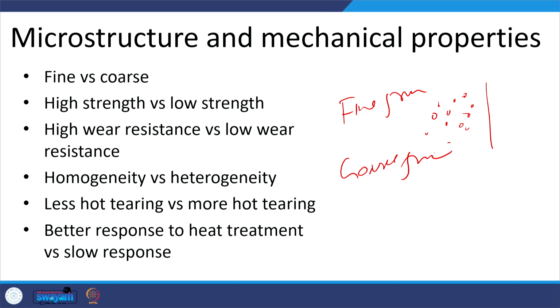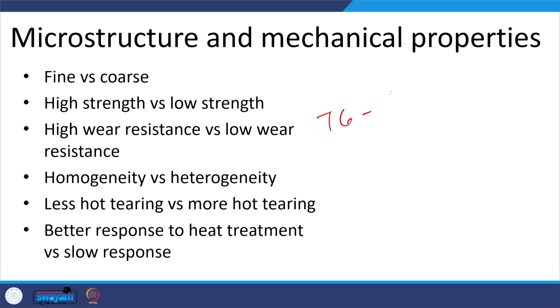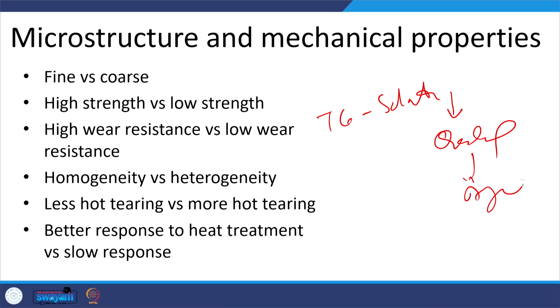So the response to heat treatment will be better compared to the case when we are dealing with a coarse grain structure. The coarse structure is going to take a longer time or higher temperature to form the homogeneous solid solution, followed by the desired cooling rate as per the kind of heat treatment to be performed. We know that for the T6 heat treatment, first is solutionizing, then quenching, and then aging.